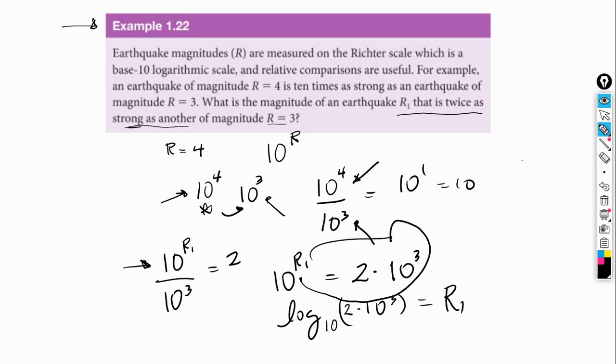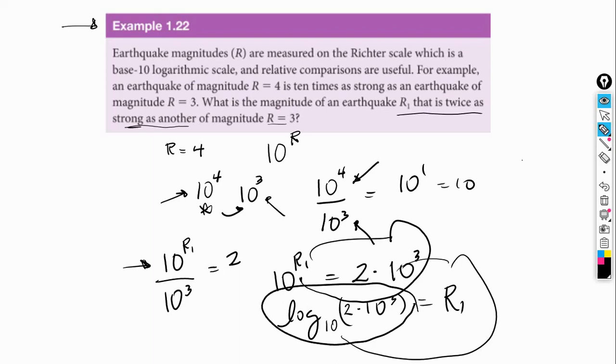So log base 10 of 2 times 10 to the 3 is R1. Notice that if we do the heart rule again, we would go back to the previous expression, right? 10 to the power of R1 is equal to 2 times 10 to the power of 3. So why do we do that? Why are we solving it this way? Because by changing it into a logarithm, we can use this here and plug it in the calculator to get the solution. And that's what we're going to do next.